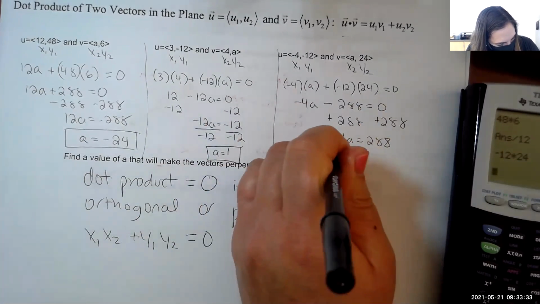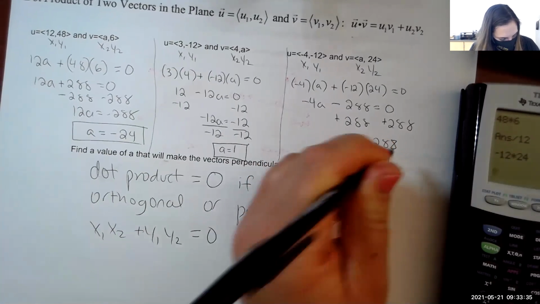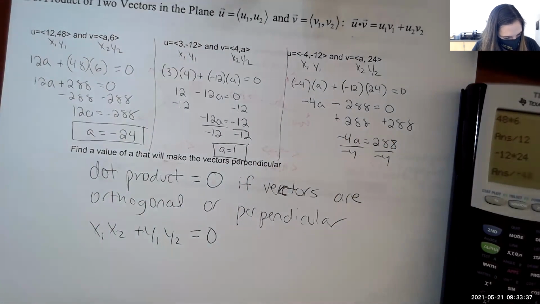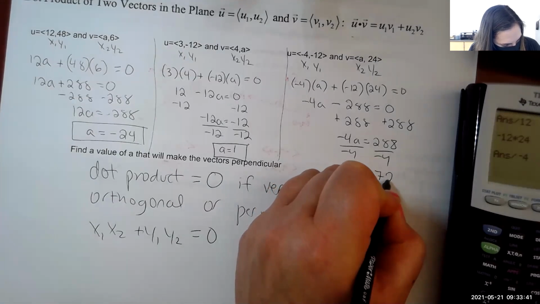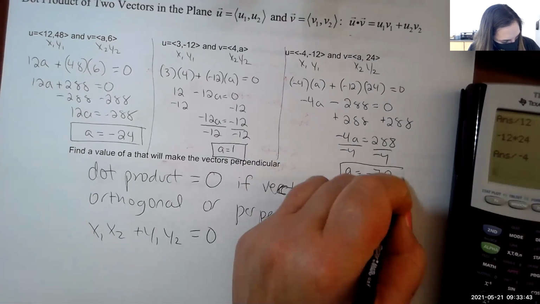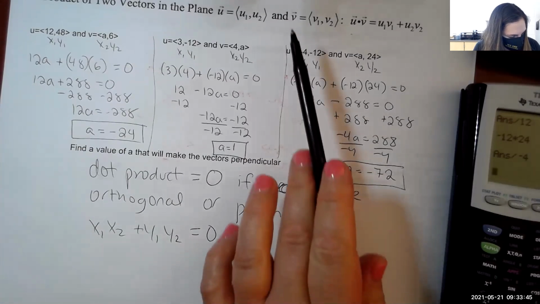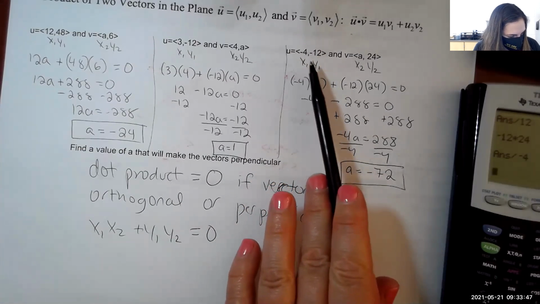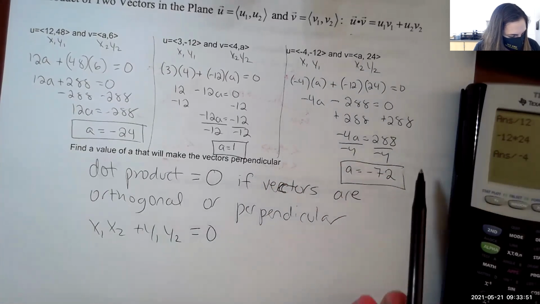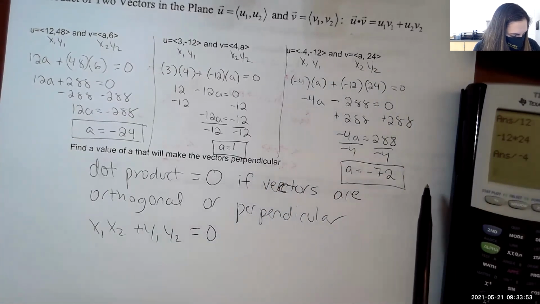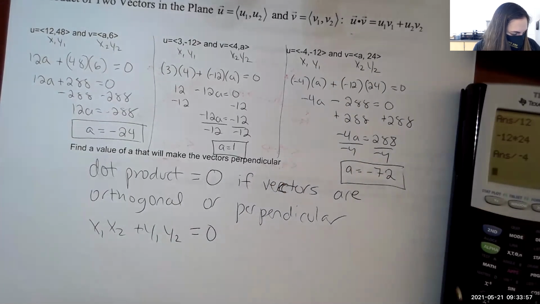If I divide both sides of that equation by negative 4, I should have negative 72. Okay. So negative 4 times negative 72 should equal negative 12 times 24. Okay. Or adding them together should give you 0.